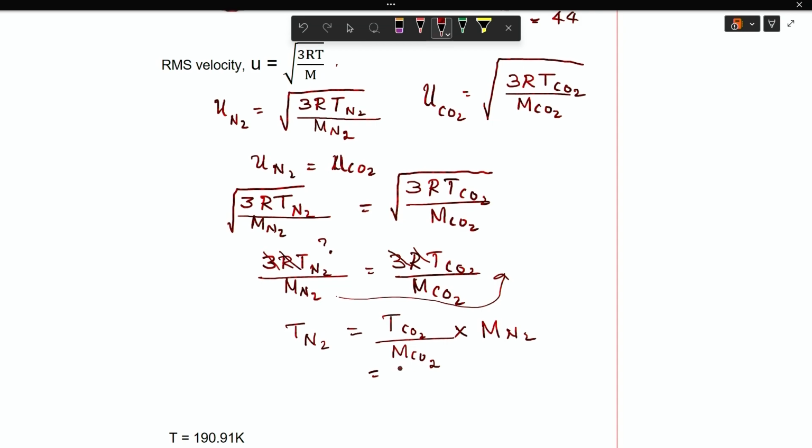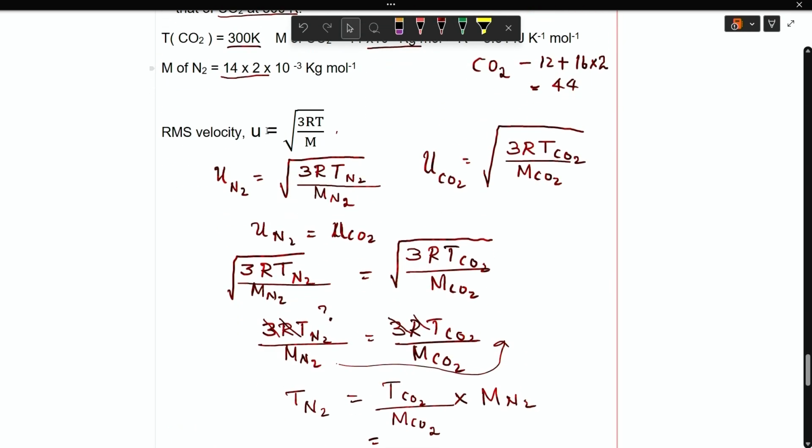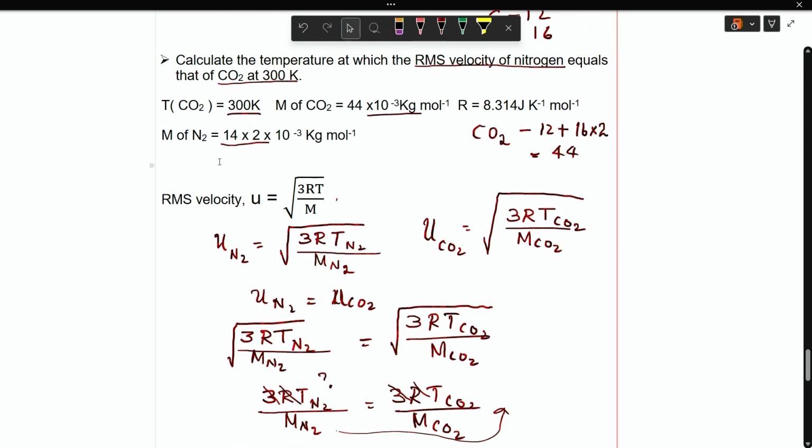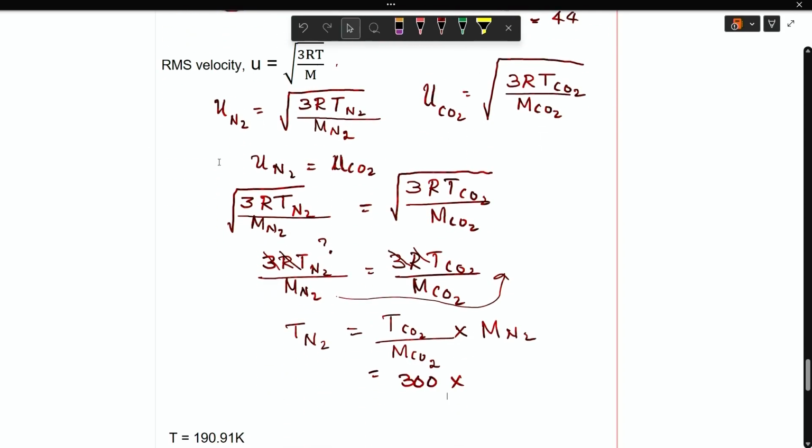Now, I am going to substitute the values: T of carbon dioxide 300 Kelvin. Molecular mass of nitrogen, that is 14 into 2 into 10 to the power minus 3 kilograms per mole.